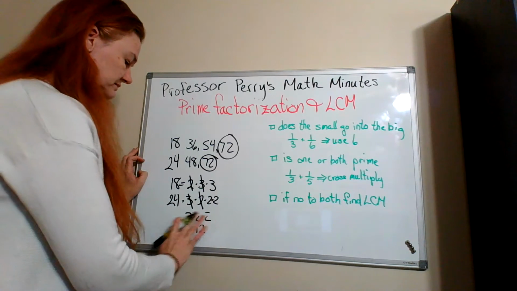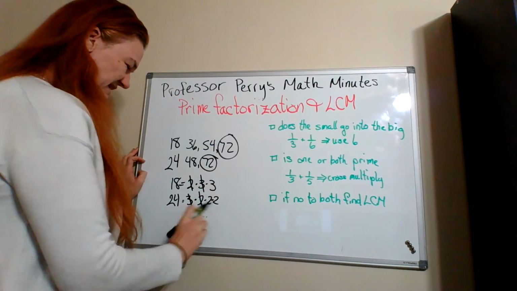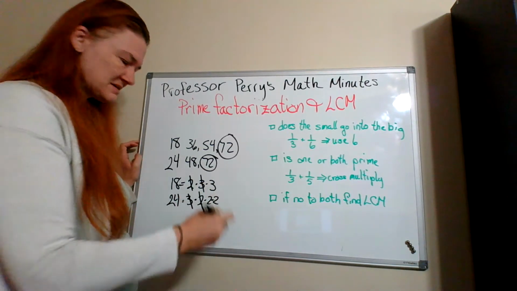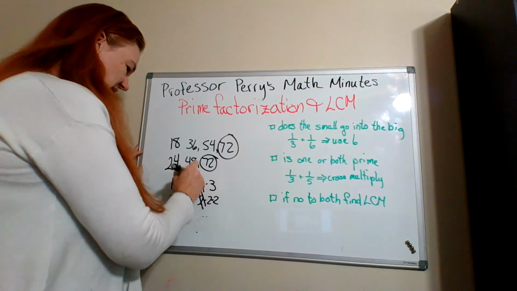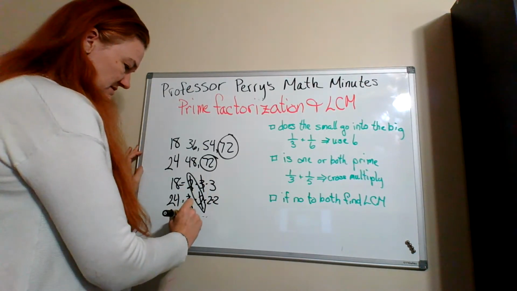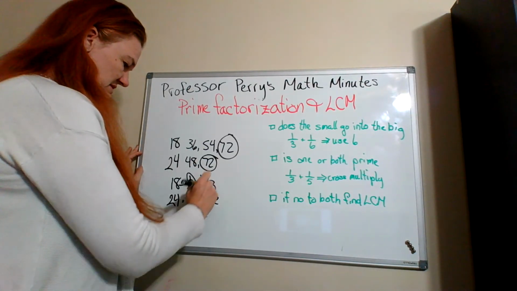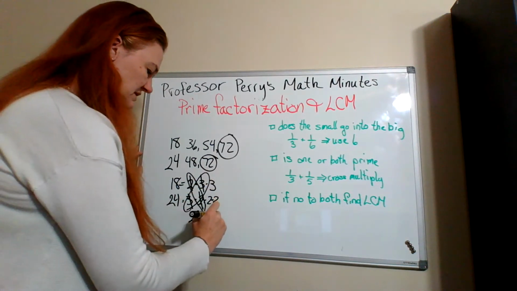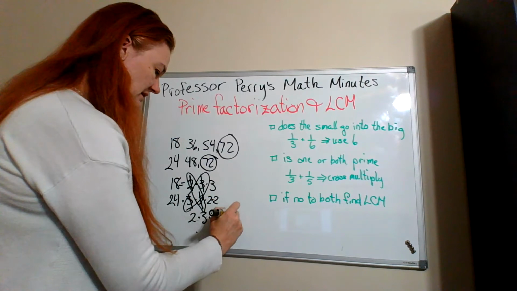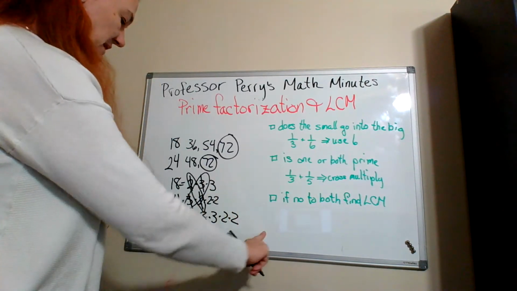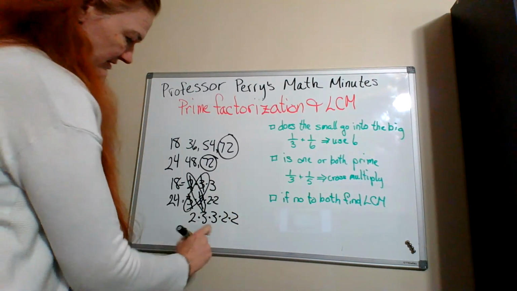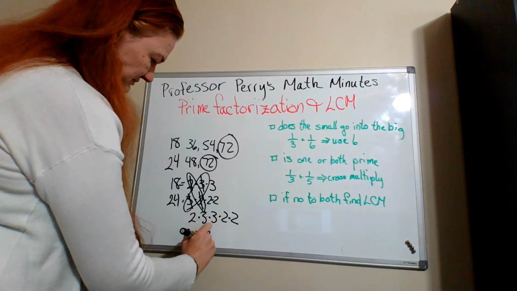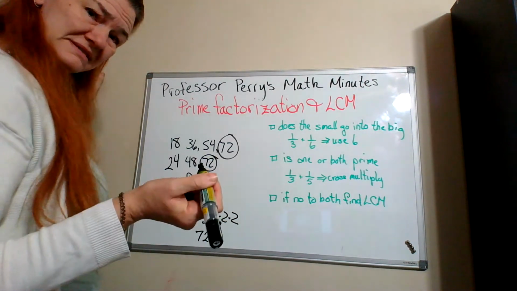Oh, right. I got it now. I don't cancel them. I'm going to only write them once. So that's a 2 times 3. And then all the leftover ones. There we go. Now, when I multiply these together, that will give me 72. A little confused in the middle there.